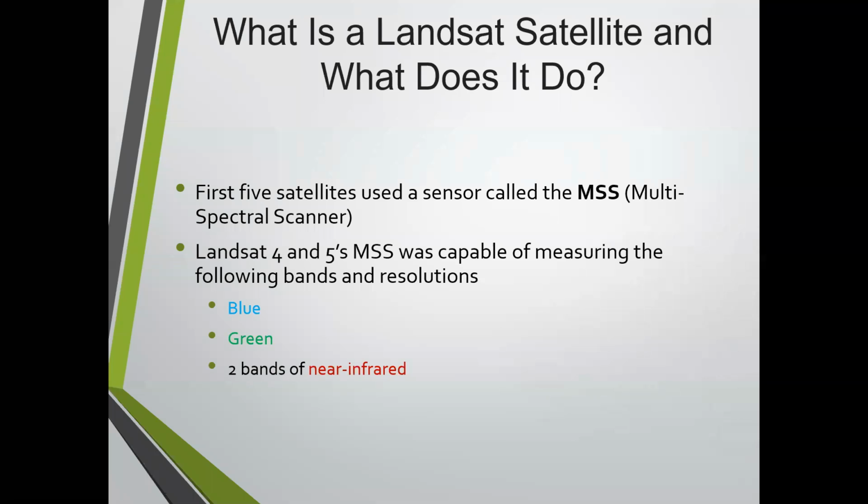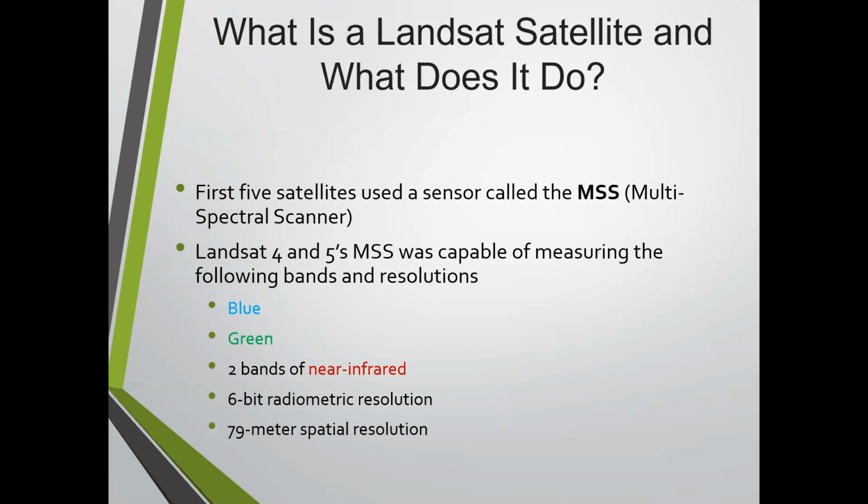They also had a 6-bit radiometric resolution. 6-bit, remember, was not bad. If we can push that number up, then of course we get better radiometric resolution, which gives you better resolution all the way around. It had a spatial resolution of 79 meters.